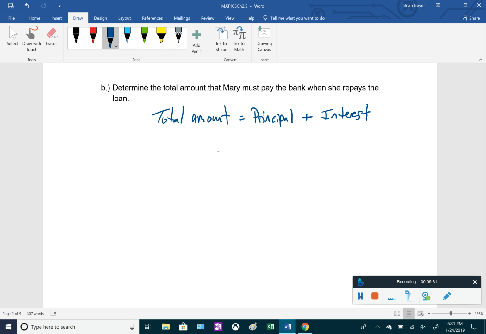So the principal is the 30,000. We just found out that the interest was 6,000. So that means the total amount is going to be $36,000. So you borrow money, you're going to have to pay back more thanks to interest.